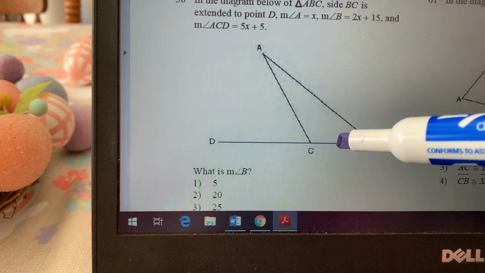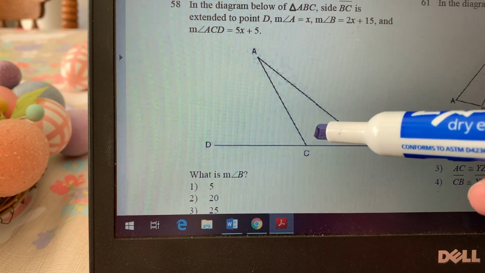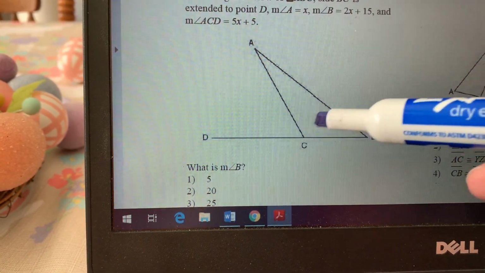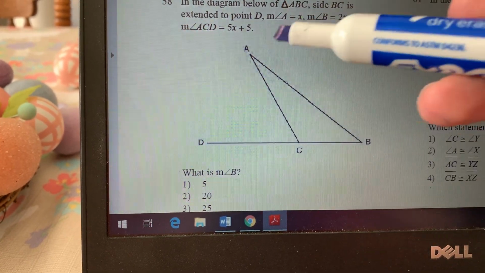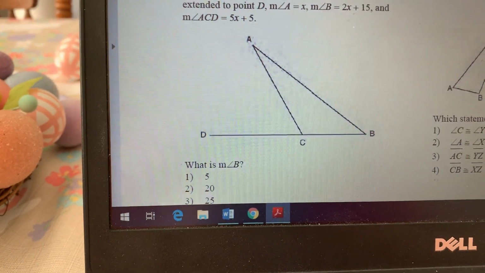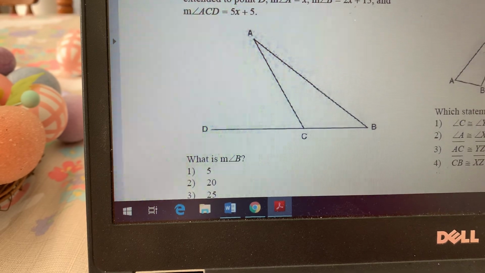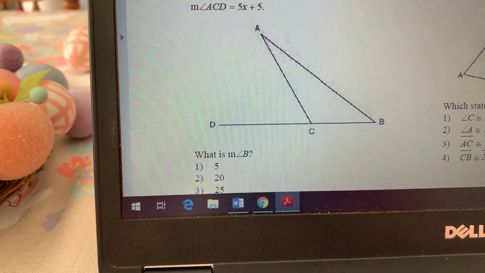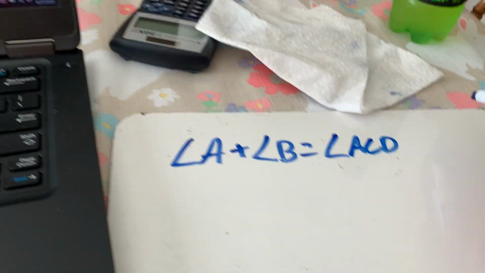So the common angle here is C, okay? So I know C is going to be C. If C is 60 degrees, it's going to be 60 when I'm adding those two, 60 when I'm adding the triangle. So basically, I get rid of that, and I say angle A and angle B are equal to what's on the outside, ACD. So angle A plus angle B is equal to ACD.